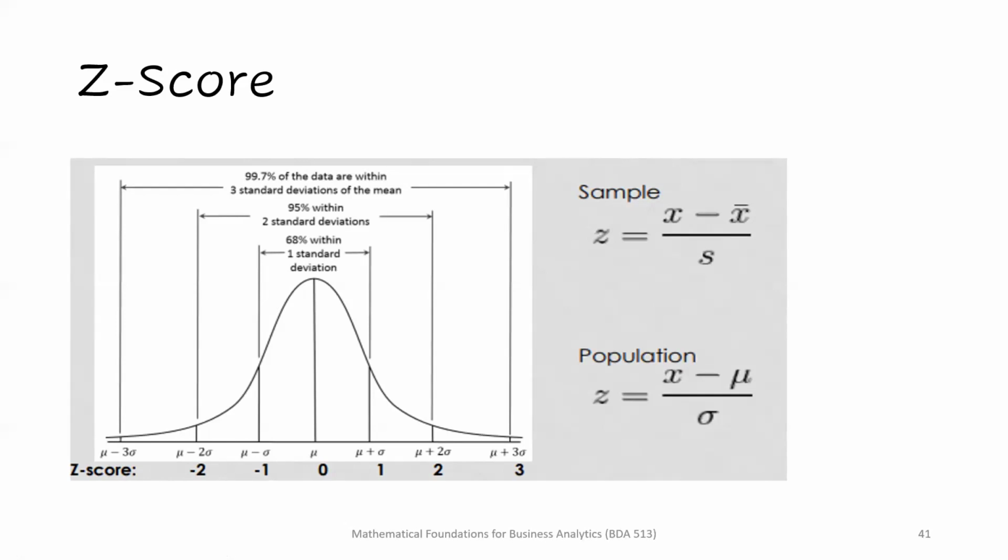If it is twice the standard deviation, then you have twice the standard deviation plus the mean. If it is 3 times, the further away you go from the mean, the more error you are incurring, or the further away the data is from the mean.